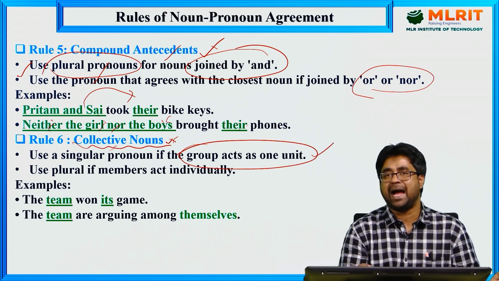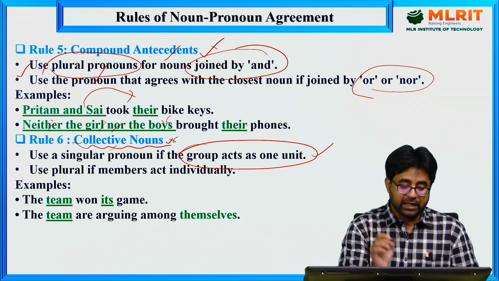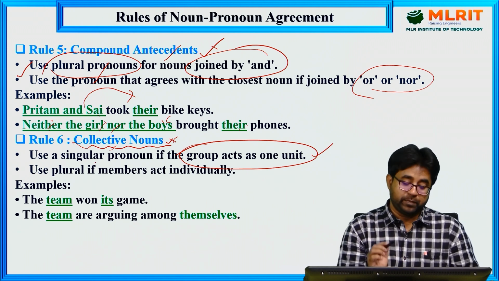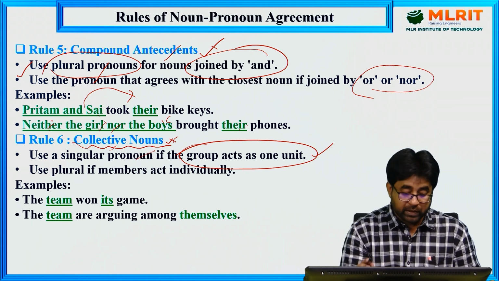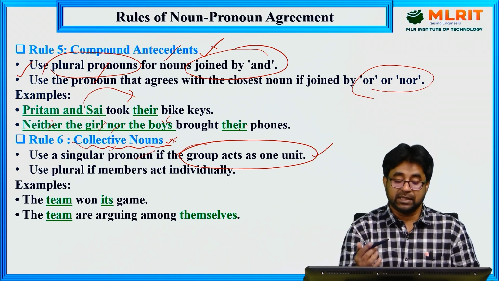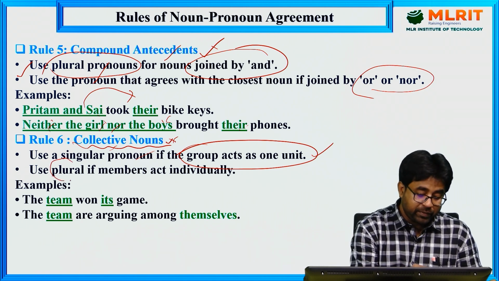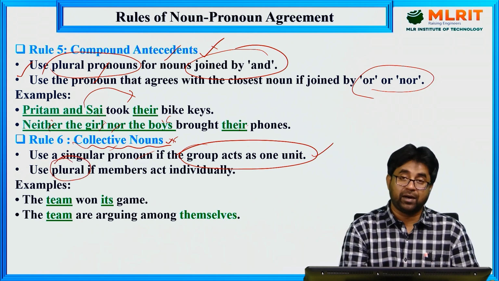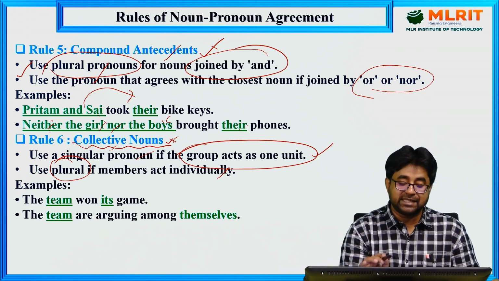If the group acts as one single unit, then there is no confusion. It should be treated as singular, hence the pronoun also should be singular. But when the group members don't act as one single unit, they act individually, then what will happen? We have to use a plural pronoun, because in that case, the noun or antecedent should be considered as plural.